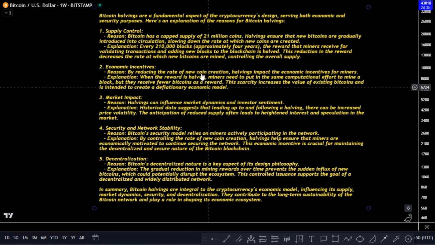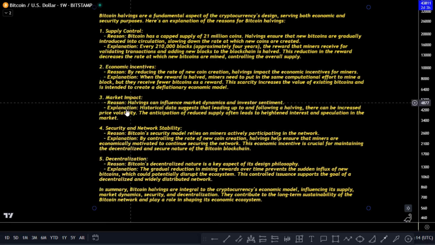So basically, what they're saying is that they're giving less incentive to miners to create more. So not only is it going to be capped, but this is one of the driving reasons why people are coming into Bitcoin and into the cryptocurrency market.